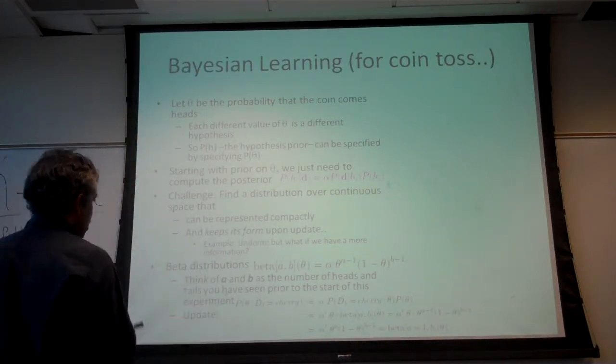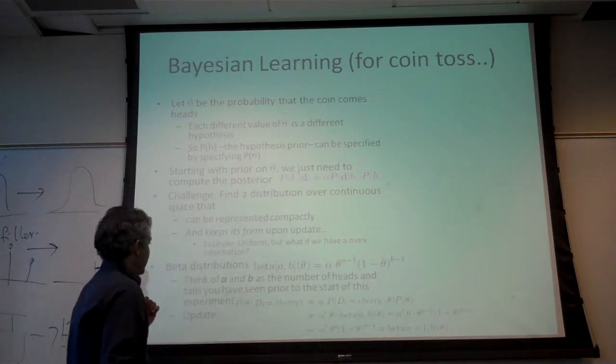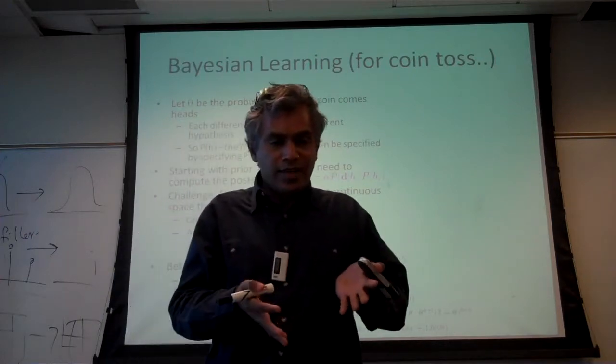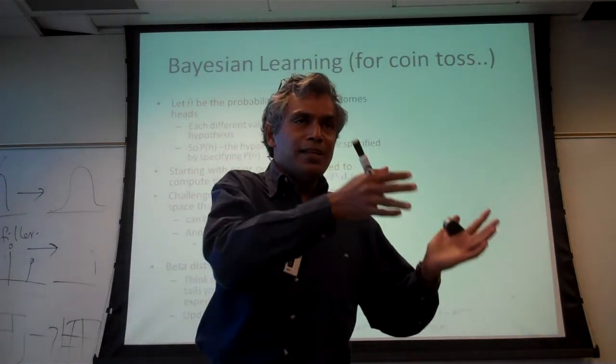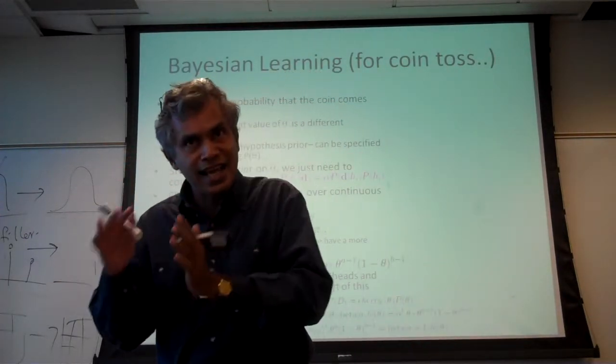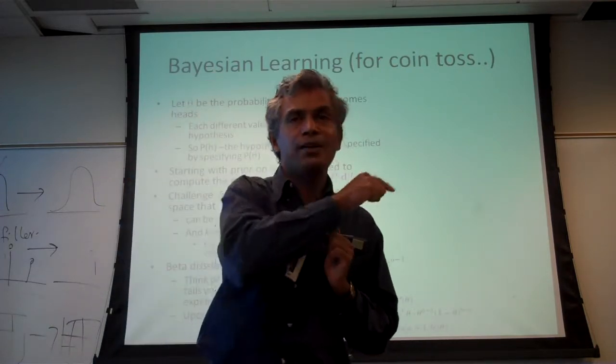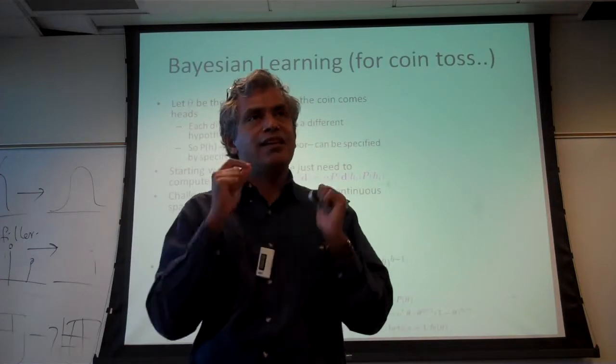So if you have a conjugate prior, then the property is that you multiply the prior by the likelihood, and you get the posterior, which will also be in the same parametric form with just slightly different parameters.